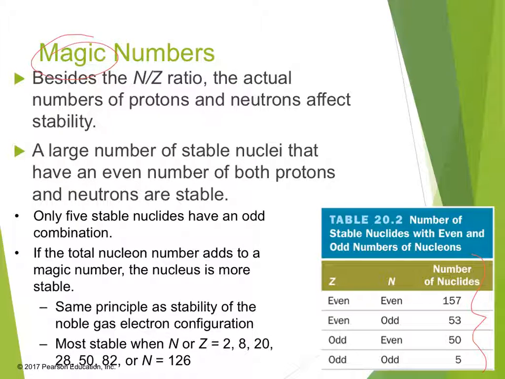And it turns out that if the atomic number, that is the number of protons, and the number of neutrons are both even, okay, there is more stability associated with that. So nuclide just means different types of elements or atoms. And there are a couple other rules like that which make the atom particularly stable or unstable. And scientists call those magic numbers. So I just wanted to let you know about that.